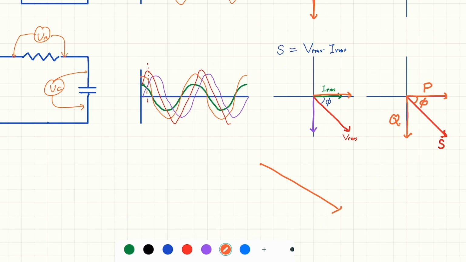This is S, P, and Q, and this is phi. And of course Q equals S sine phi, P equals S cosine phi. So P represents the real power consumed by the load, and Q represents the reactive power put in and out of the capacitor in our case.